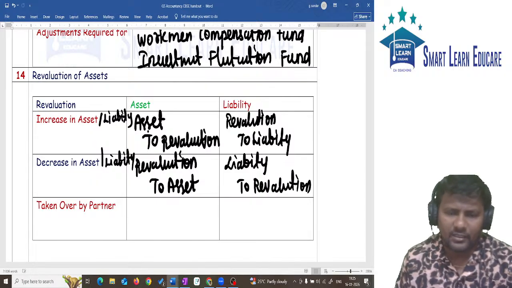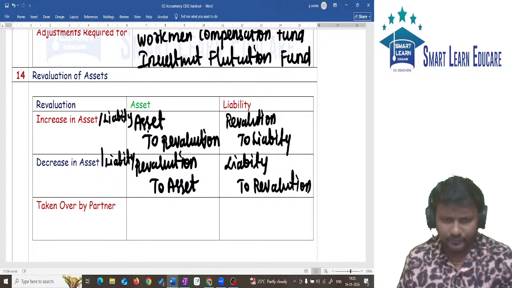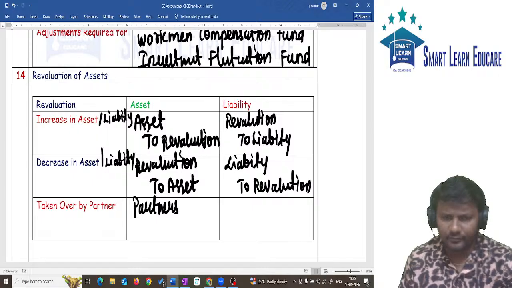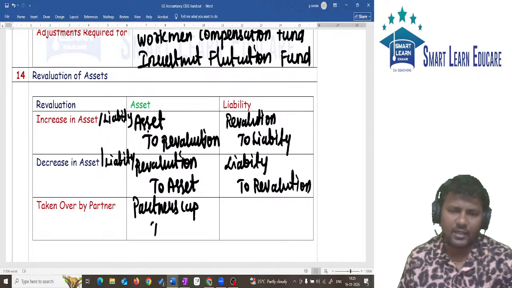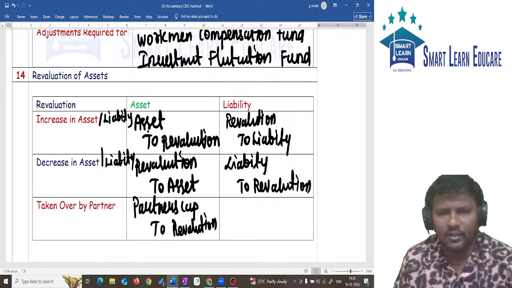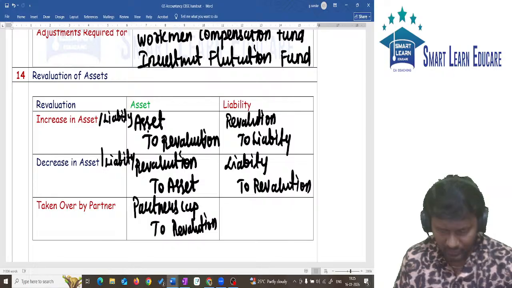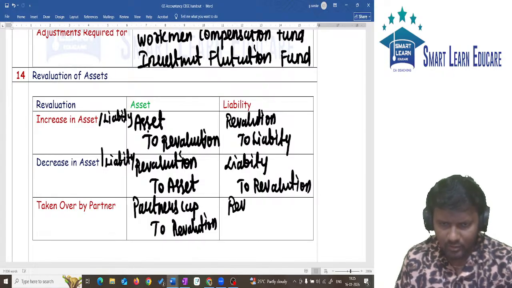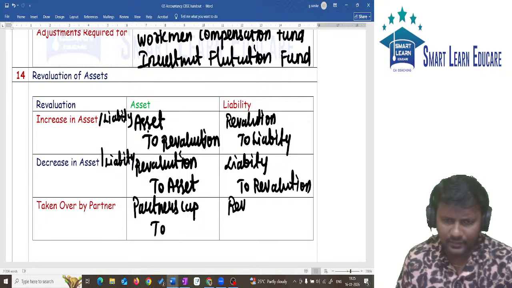Taken over by partner. Asset taken over by partner: the entry is partners capital account debit to revaluation. Liability taken over by partners: capital account debit to asset.